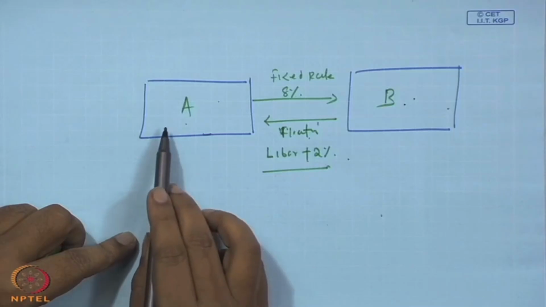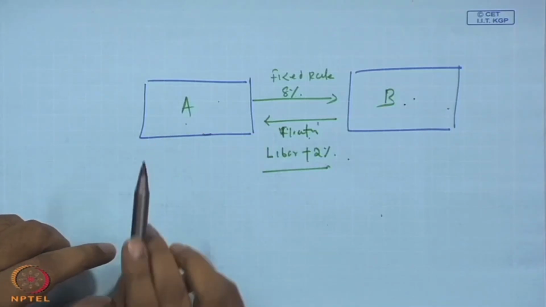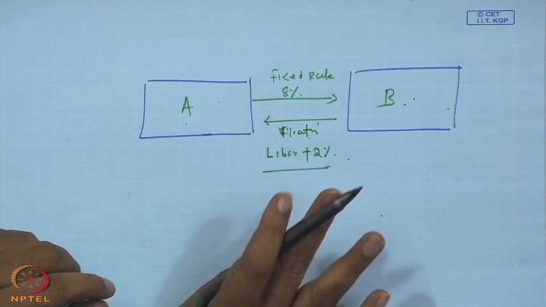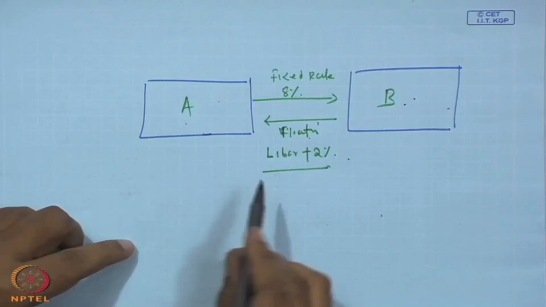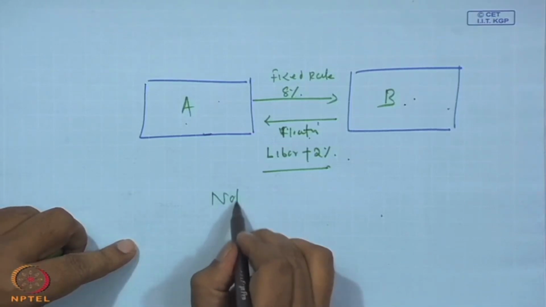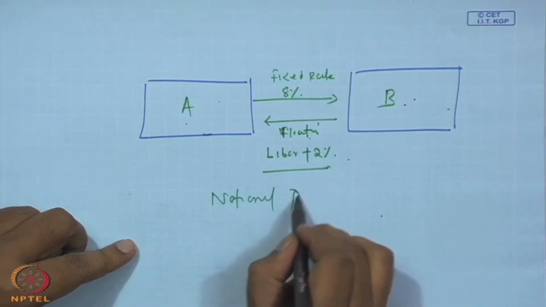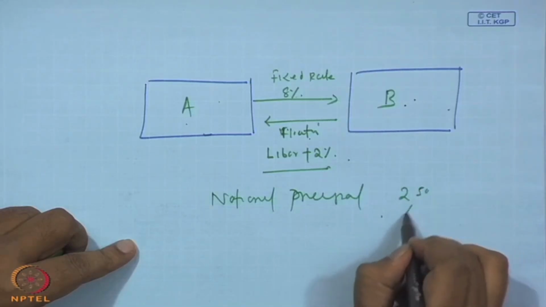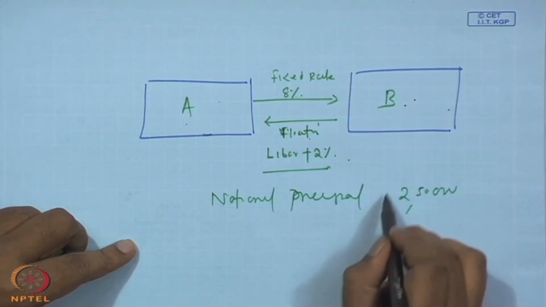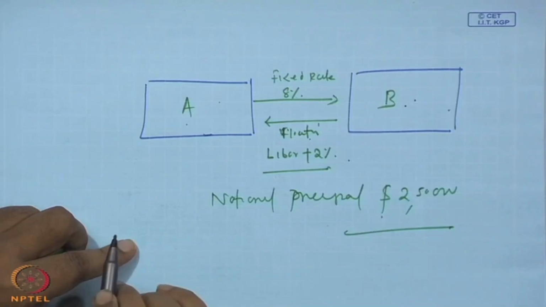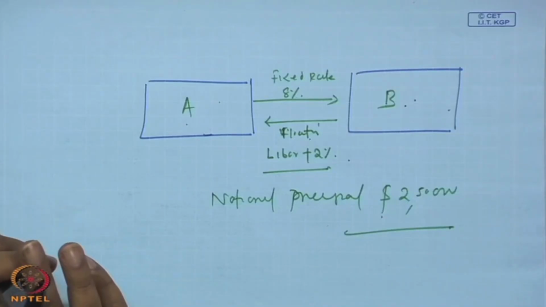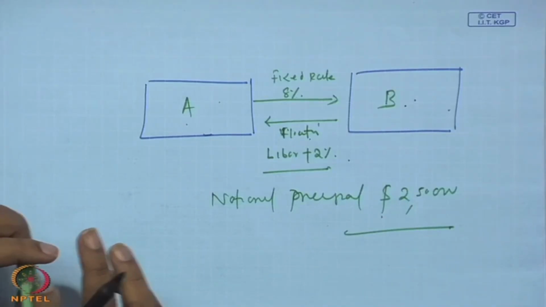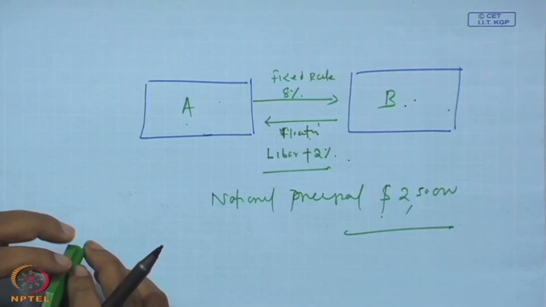Here the transaction takes place between A and B, one is a fixed interest rate, another is a variable or floating interest rate. Here the notional principal is 2,50,000 US dollars.